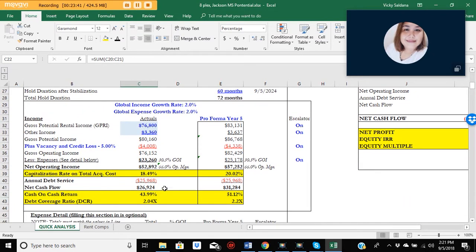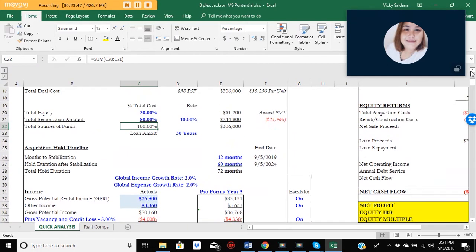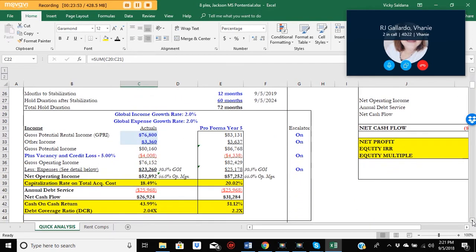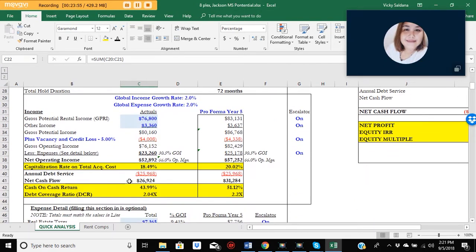Oh, that's really good too. So now you put in a total of 61,200. The lender puts in the rest, and you're making 26,000 a year. That is almost 44% on your money. So what does this tell you?